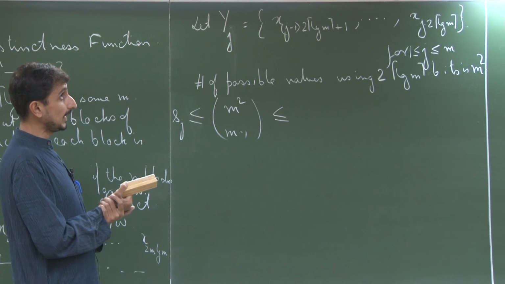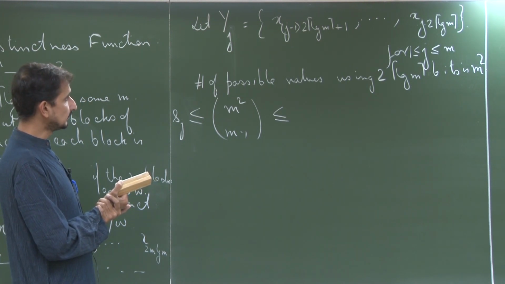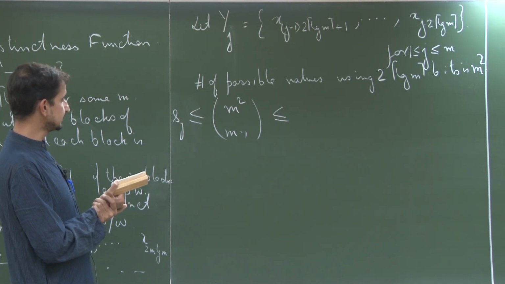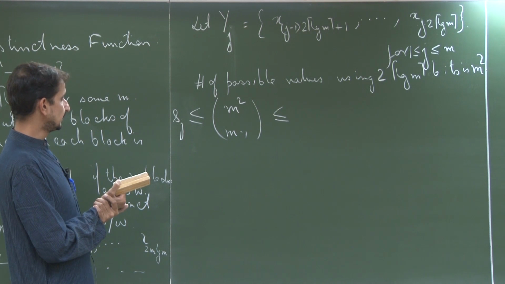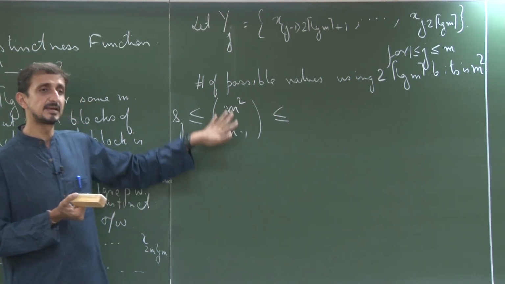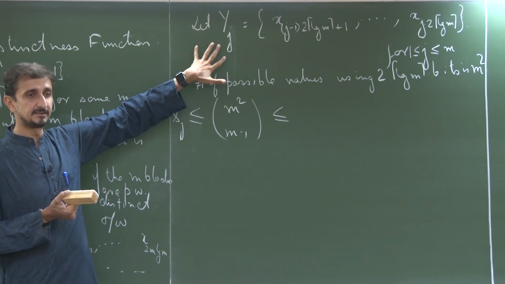So, I have m minus 1 values for the other m minus 1 yj's, right. So, this is the total number of ways in which I can choose different functions over yj, right.